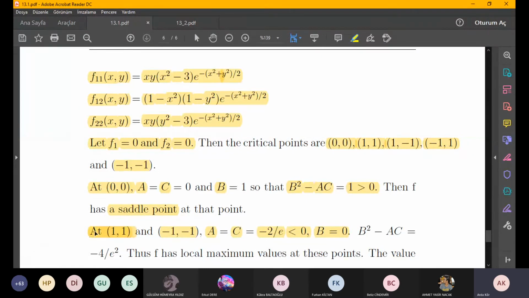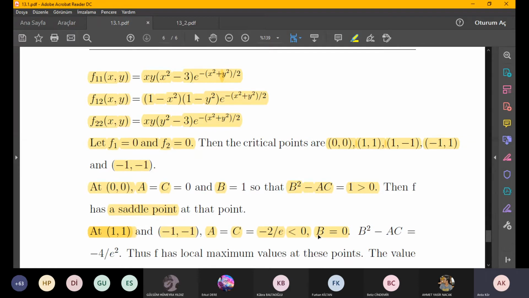This will be (1 - 1²) times (1 - 1²) times e^(-(1² + 1²)/2). We don't need to compute the rest, because 1 - 1² is 0. So you can see B is 0, right?